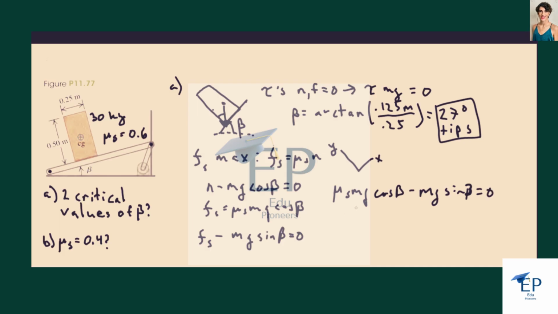And so then we can see that tangent of beta is equal to the static coefficient of friction. And so if mu has a value of 0.6, the angle is 31 degrees for it to slip.